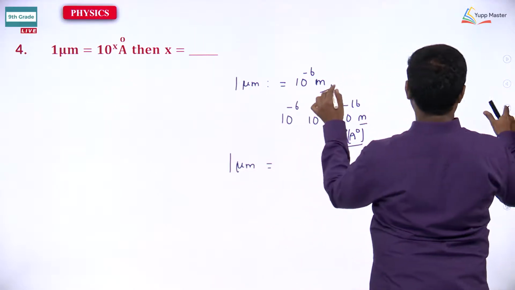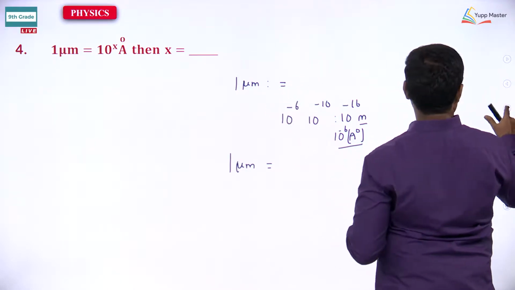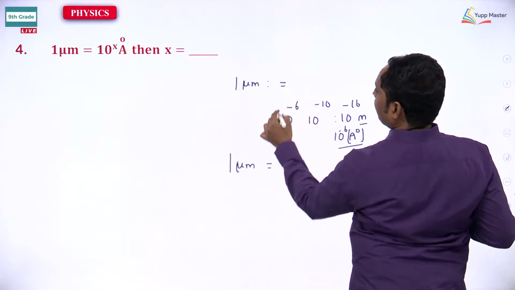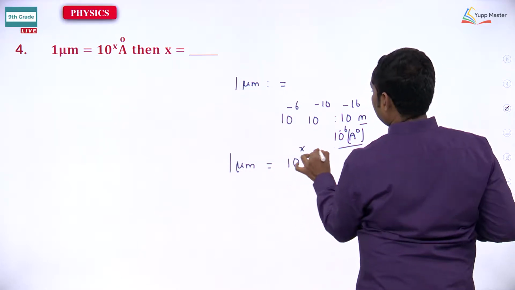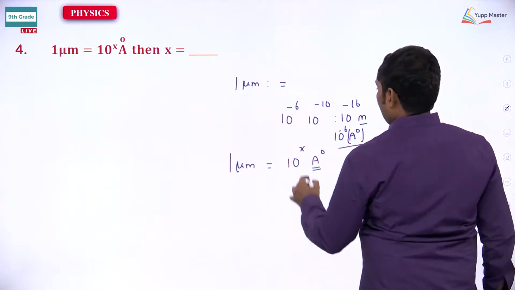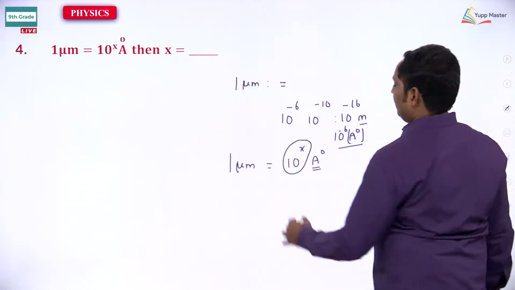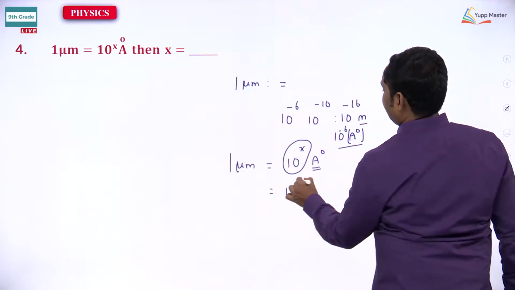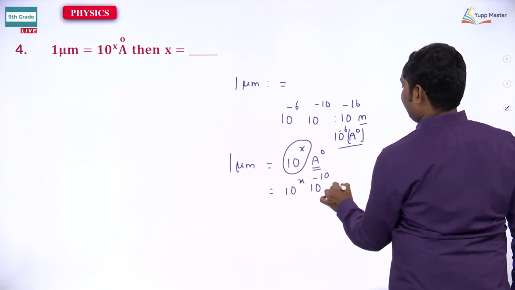1 micrometer has been taken as 10 power x angstrom units, that is 10 power x into 10 to the power of minus 10 meter.